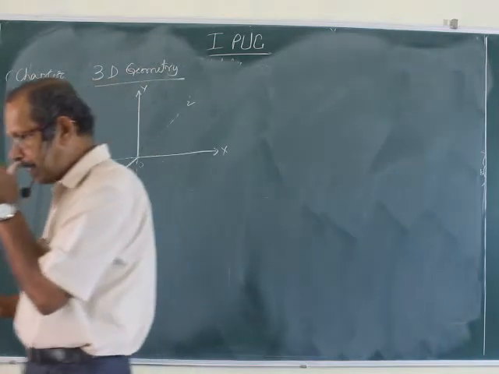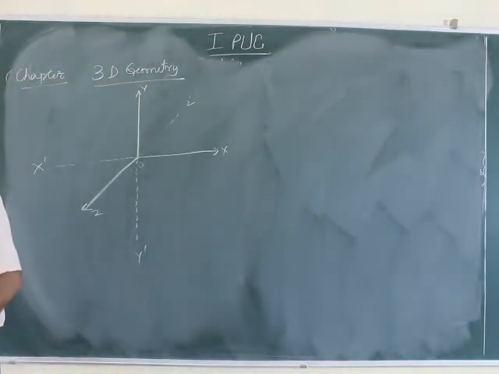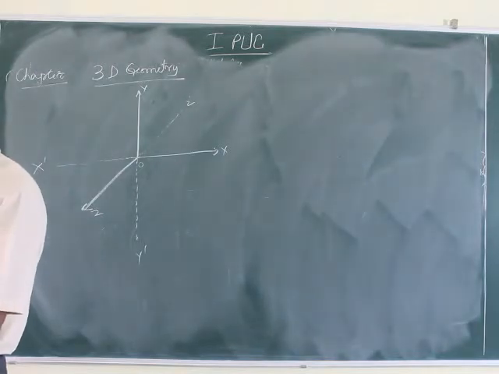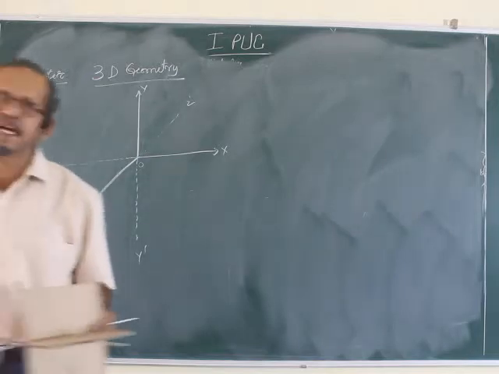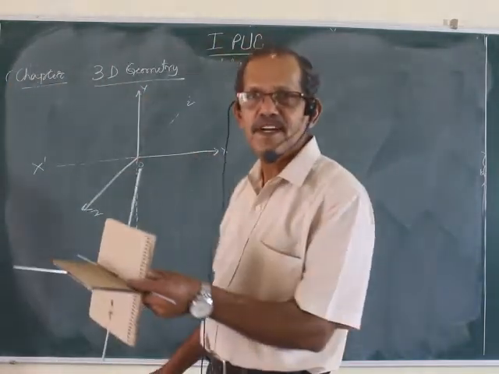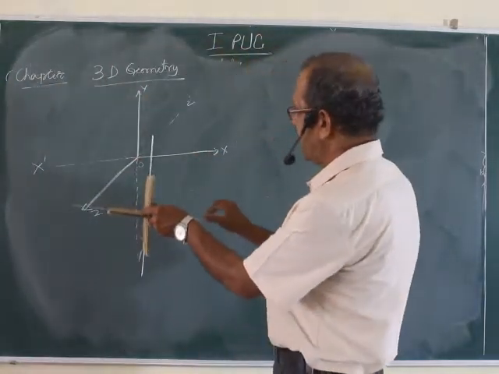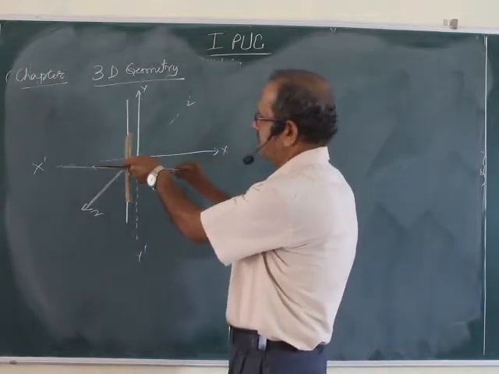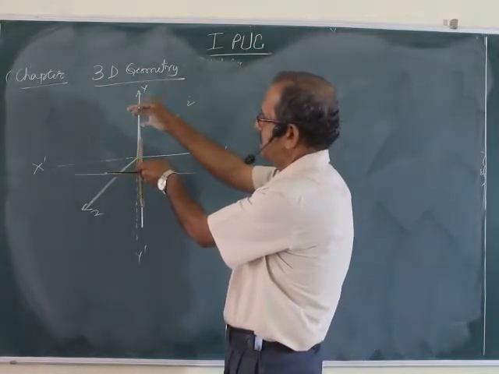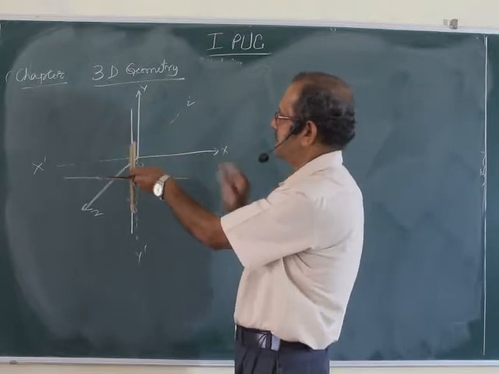I have taken a small model for that. How far you can able to understand that one, I can't say. See, here is a model. Just imagine x-axis, y-axis, and in front this is z-axis.